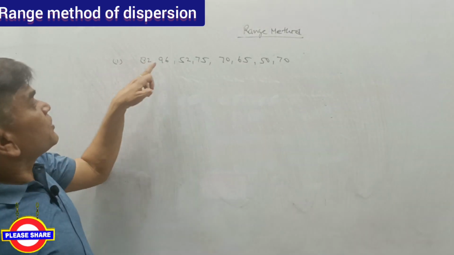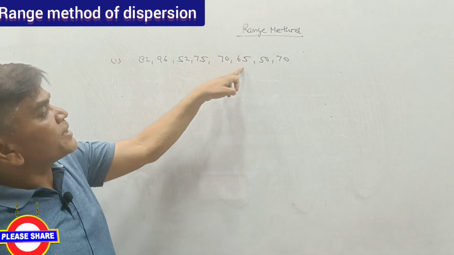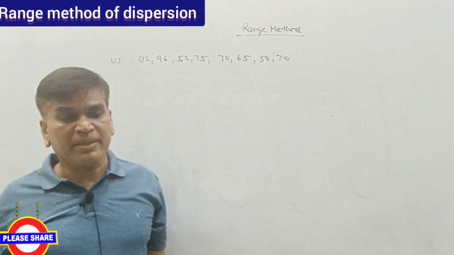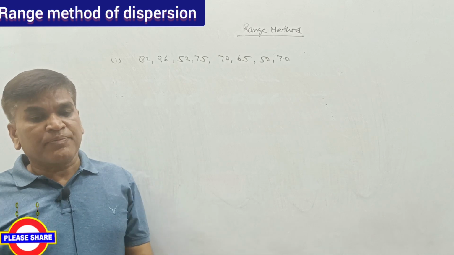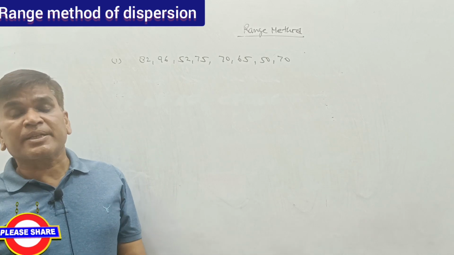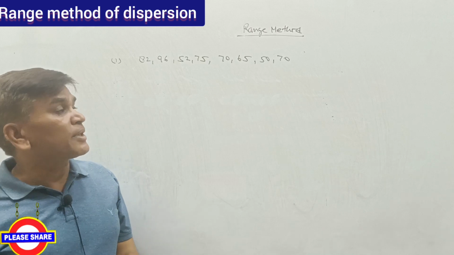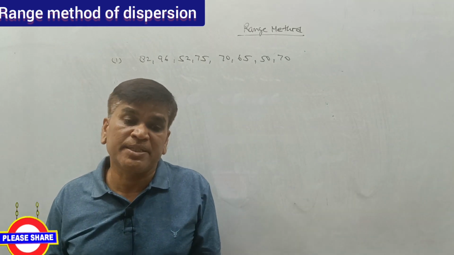Items 1, 2, 3, 4, 5, 6, 7, 8, so eight items are given. These are the wages of 8 workers. We have to calculate the range and the coefficient of range.